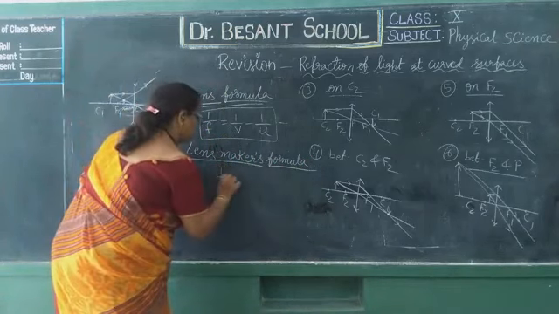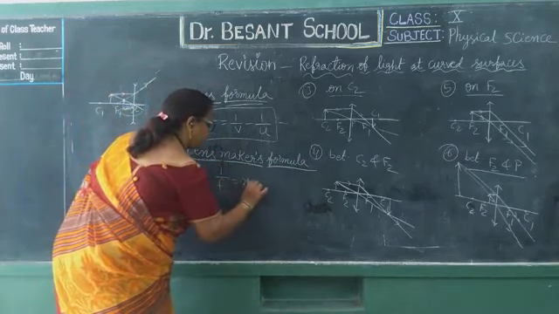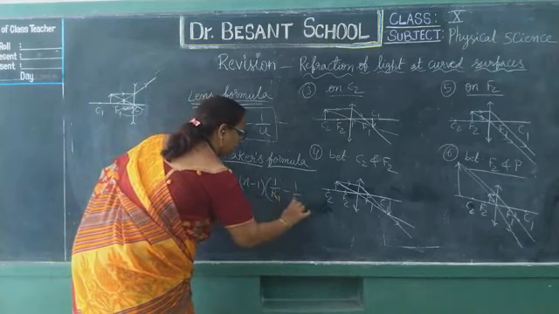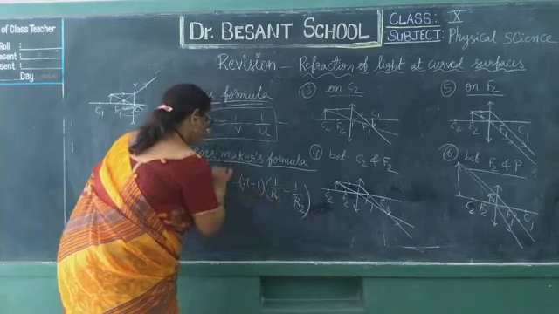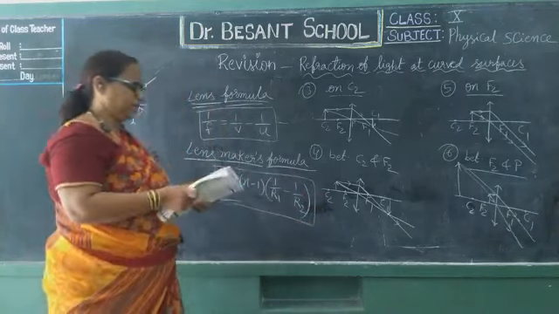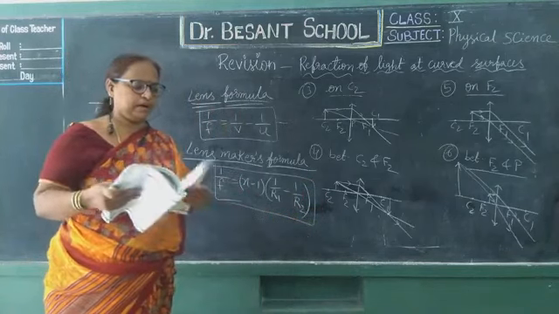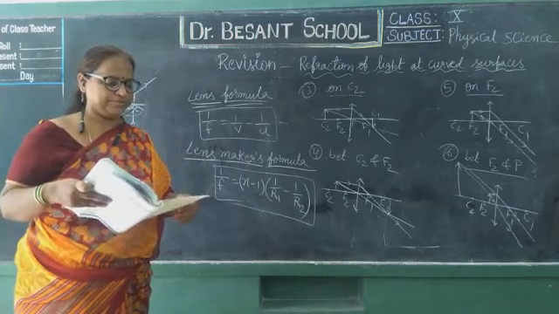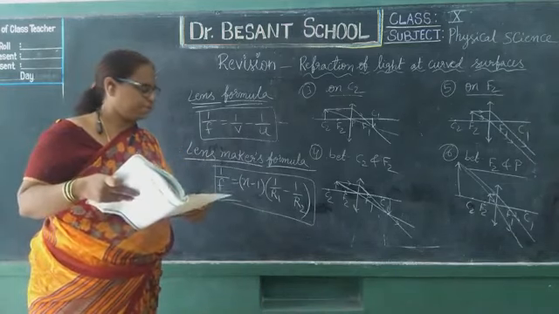Now what is the lens maker's formula? 1 by F equal to n minus 1 into 1 by R1 minus 1 by R2, where F is the focal length, n is the refractive index of the lens, and R1 and R2 are the radii of curvature of the lens. Clear, children?